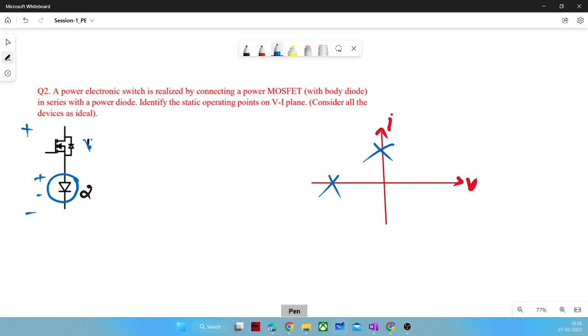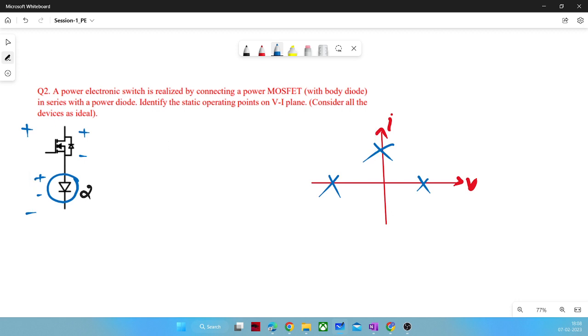But this body diode will block. The body diode anode is connected to the negative polarity of the supply and its cathode to the positive polarity, so it will block this kind of polarity. So overall, we draw the quadrant in which it will operate.